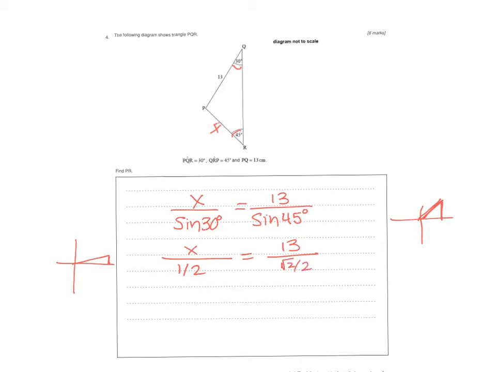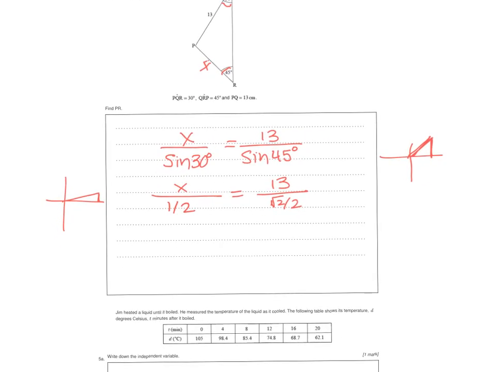Once you set it up, there's a couple different ways that you might decide to solve it, but I'll just show you one of them. We can do a cross multiplication, so that would give us root 2 over 2 x equals 13/2. That's just one way to do it.